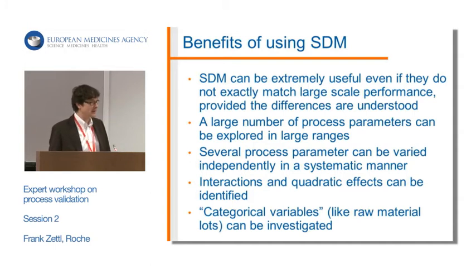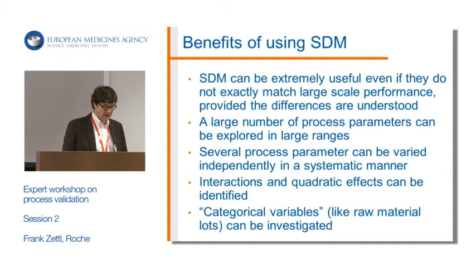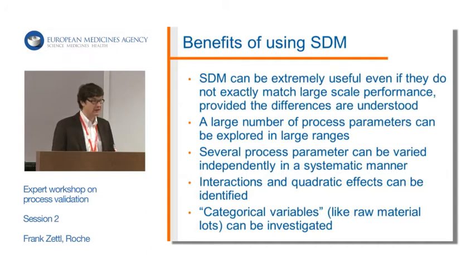We get a deep insight into the processes, and it really decreases the risks. We can vary several process parameters independently and systematically, so that's the cornerstone for all DOE studies. We can estimate quadratic effects and interaction effects.